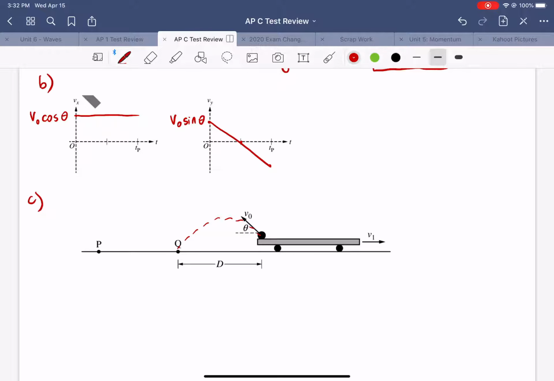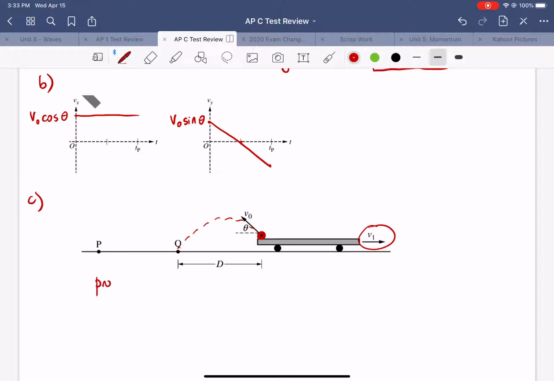All right, so what is going on here? Why does the projectile not still land at point P? So the idea here is that the velocity of this projectile is a combination of two motions. It's moving with the cart, so before it is launched, its velocity is not 0 in this case, but it has a velocity of v1 in this direction.